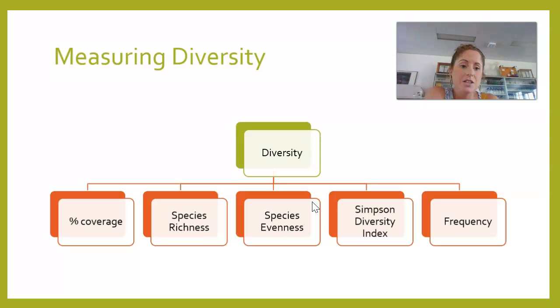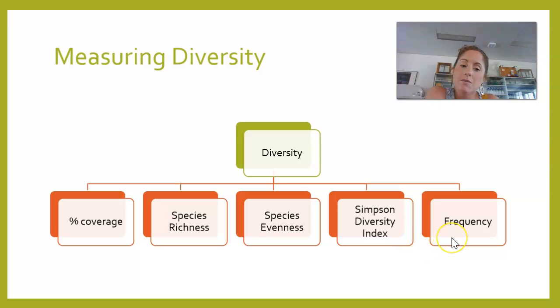But if there were 10 of each of the 4 species, now we have more evenness in terms of the whole community being even. And then Simpson Diversity Index, we'll talk about that in a minute, but that takes into consideration both the species richness and the species evenness.